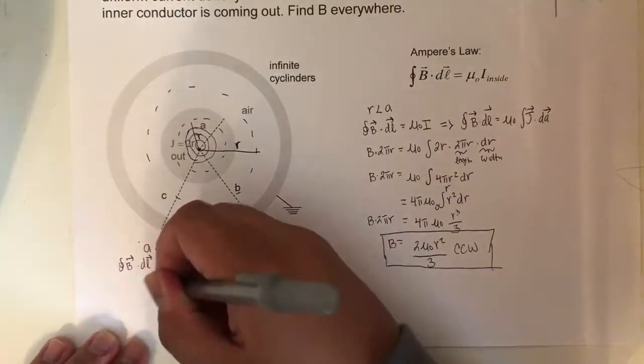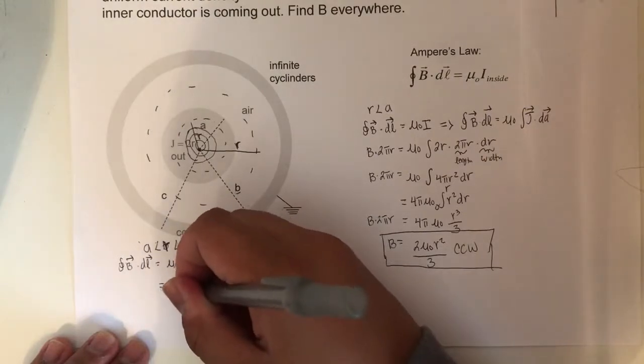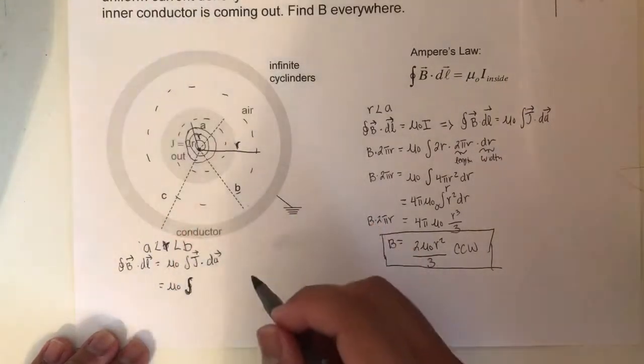Working on the right side only, mu naught integral. This is the dot product.